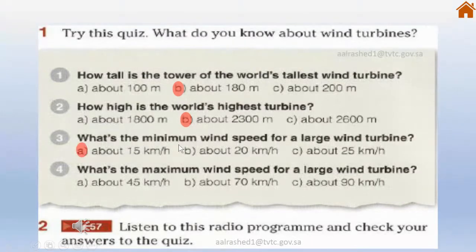Number 3, the minimum wind speed for a large wind turbine is about 15 kilometers per hour. The maximum wind speed for a large wind turbine is about 90 kilometers per hour.